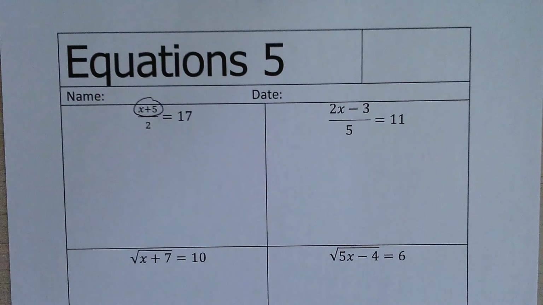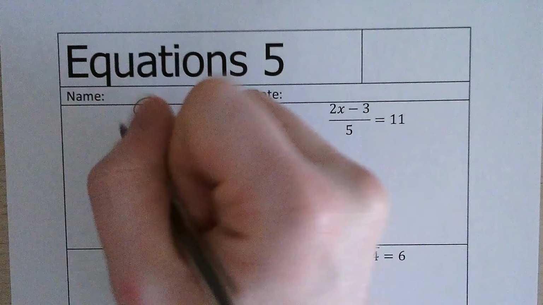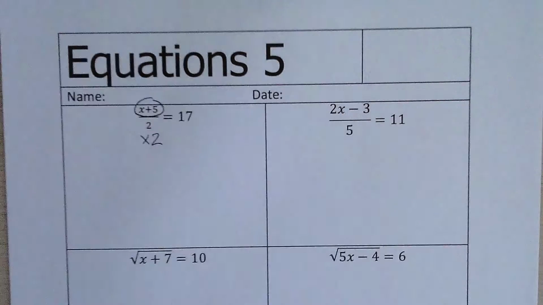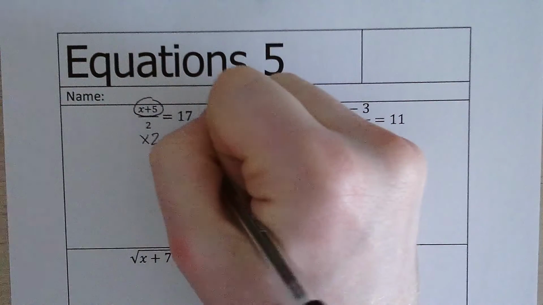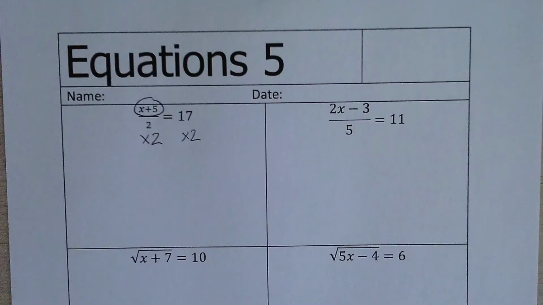To get rid of the divide by 2, we need to do the opposite operation, and that is going to be multiplying by 2. We need to do that operation to every term in the equation, so we also need to multiply 17 by 2.